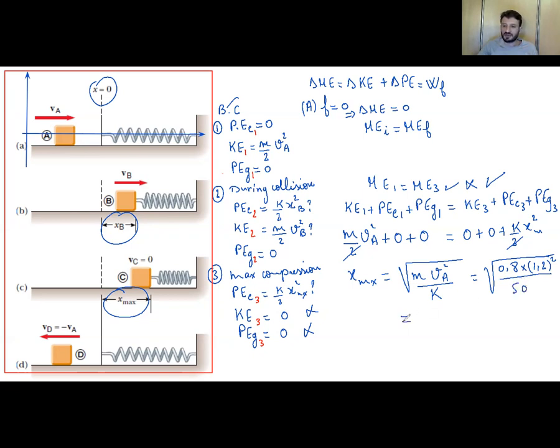We get x maximum equals 0.15 m. This is x maximum.